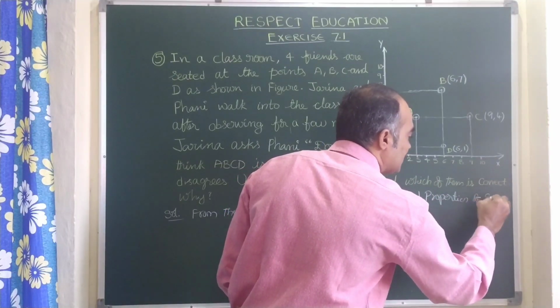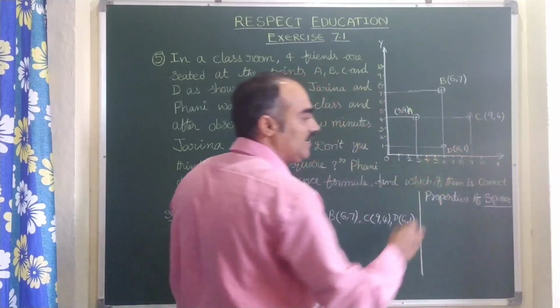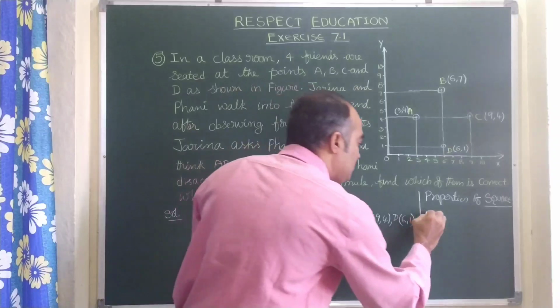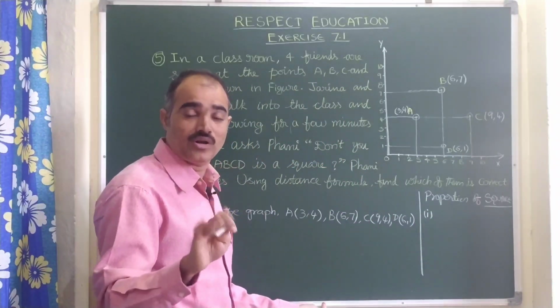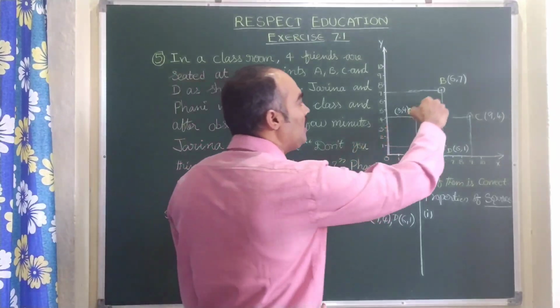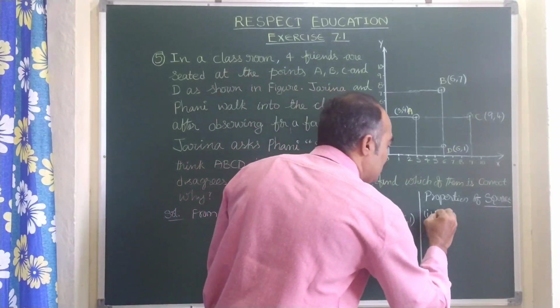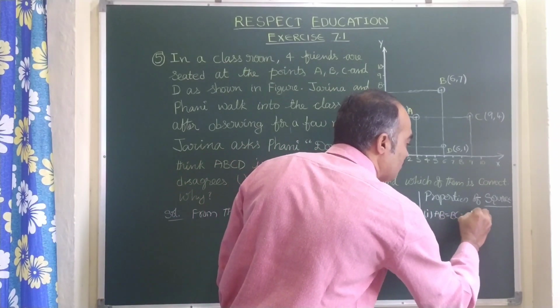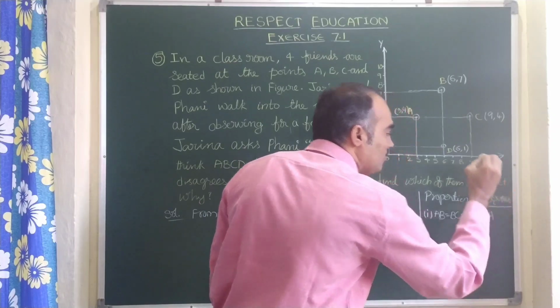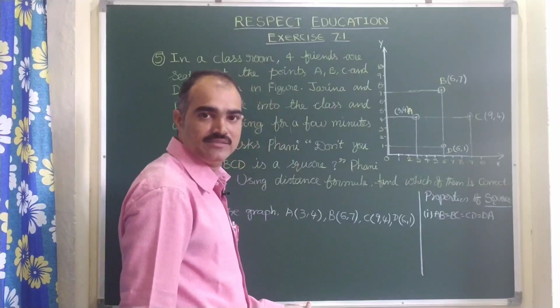First one is a square has all 4 equal sides. So here AB should be equal to BC, BC equal to CD and CD equal to DA. It indicates it has all the 4 equal sides.